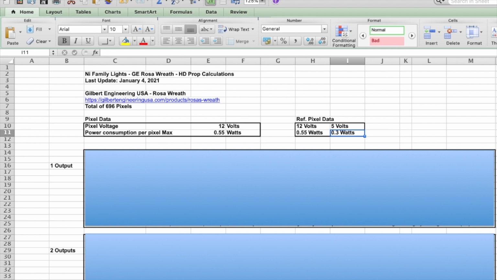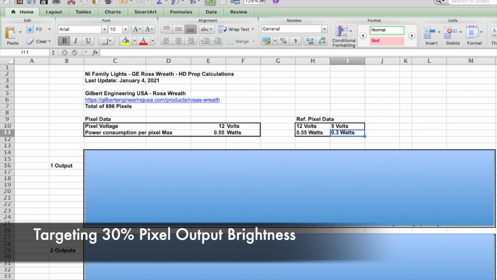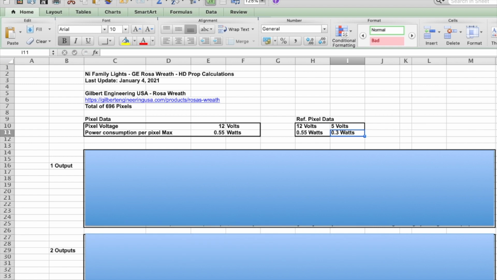We'll take a look at those briefly towards the end so you can see the difference, which is primarily higher current requiring more power injections. If you're using 5 volts, you can change the pixel values and extend the formulas to see what works for you. Typical shows are set to 30% brightness like mine, so that'll be the target in these calculations. However, I do show the calculations at every 10% brightness step from 10 to 60.